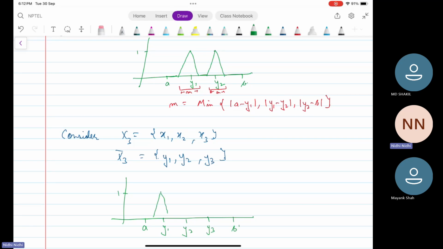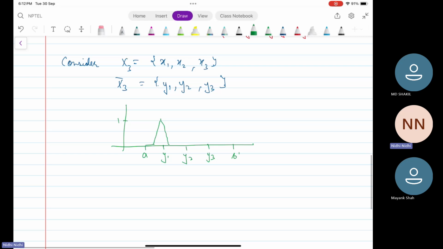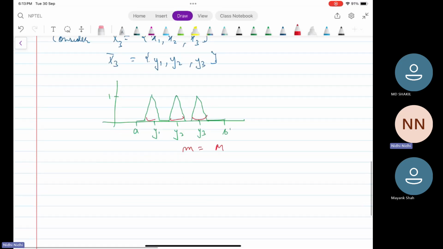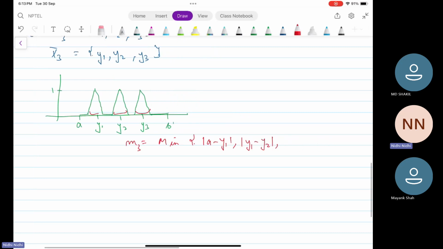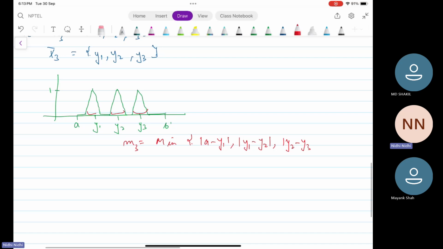Again, we'll be constructing some triangles. This time, obviously, this length will eventually decrease, but still the function will be continuous. Now this base length, I should write it as m3, which will be the minimum of |a minus y1|, |y1 minus y2|, |y2 minus y3|, |y3 minus b|.